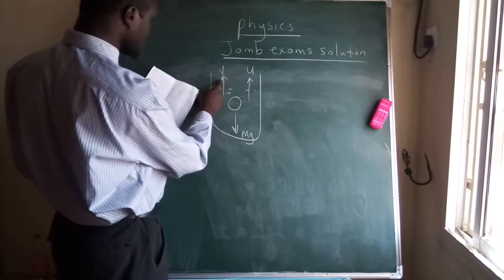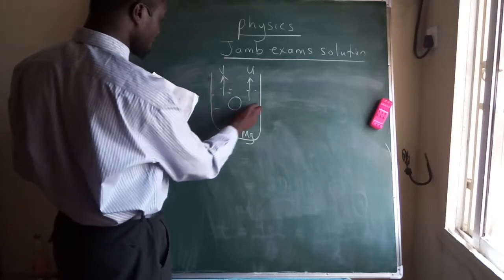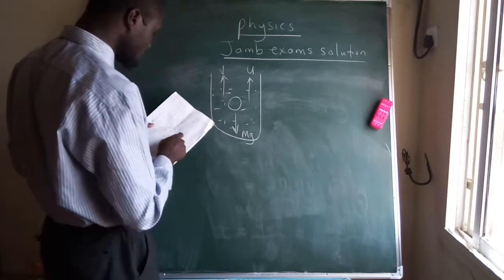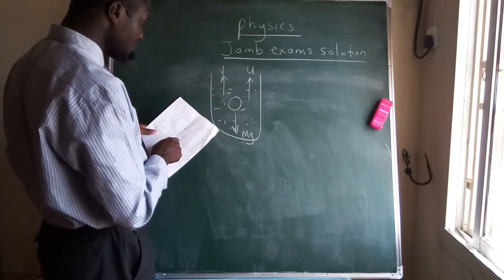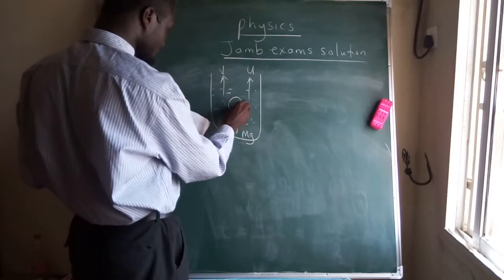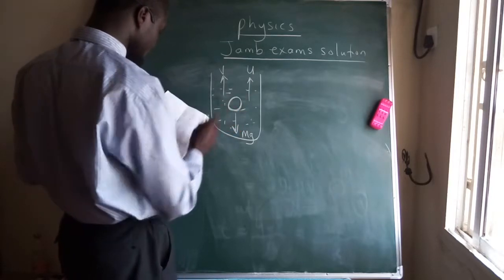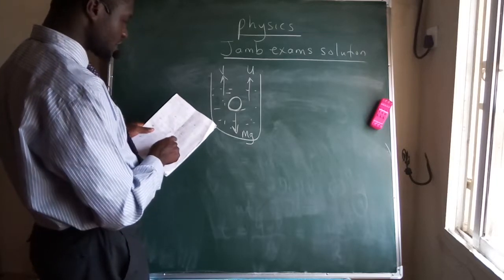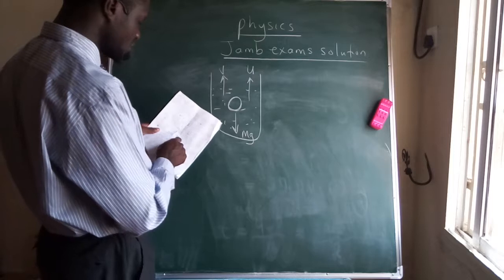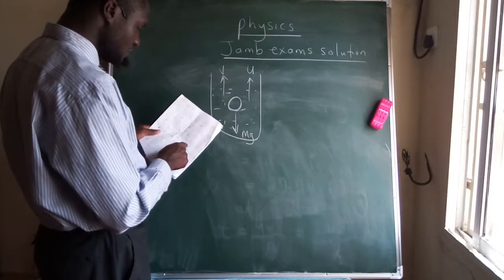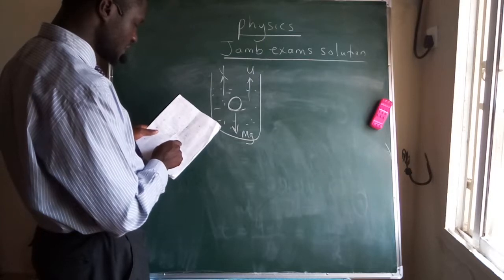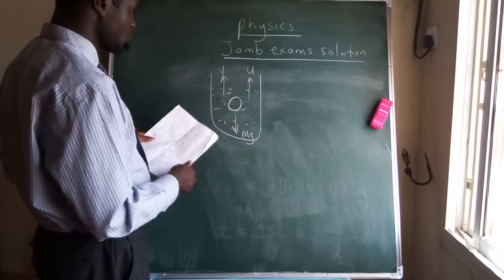So this is viscous force, this is upthrust, and this is weight of the body inside liquid. So the question says, from the diagram above, at terminal velocity, meaning at a point where this object stands still inside the liquid, the three forces are related by the expression A, V plus U is equal to mg, B, mg plus V minus U is equal to 0, C, V minus U is equal to mg, and D, mg plus V is equal to U.